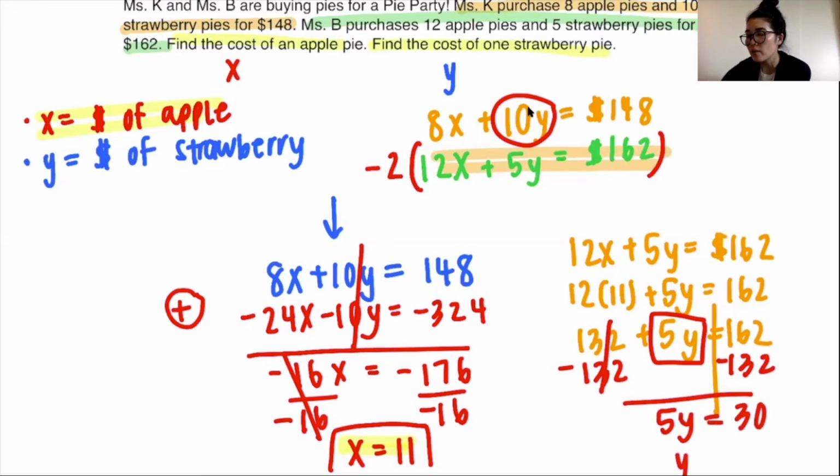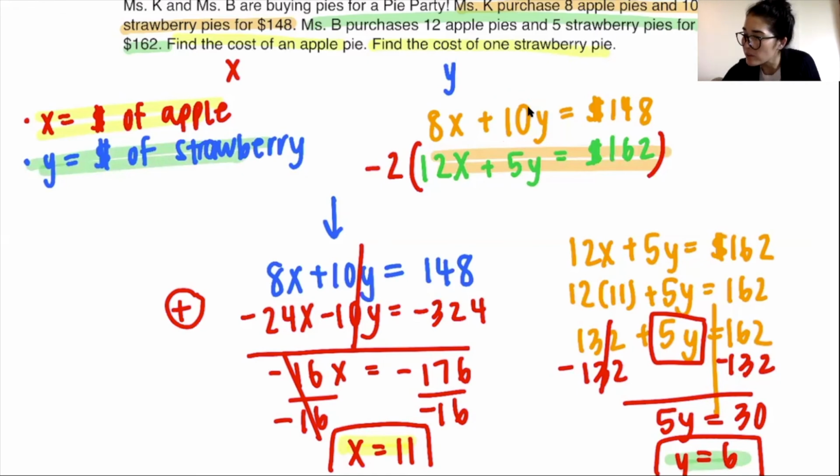When you solve here, y is equal to 6. And then what this is referring to then again is the price of a strawberry pie. So a strawberry pie costs $6. All right, so the last thing though that I do want to talk about is when we first had a problem like this, go back to the original here.